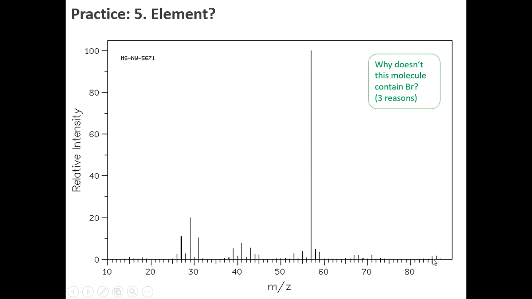Secondly, they're not 2 units apart, they're only 1 unit apart. And finally, it's a bit tricky to see, but this lower peak should be slightly taller than the isotopic peak for bromine, and it's the other way around. So this is our M+ ion, and this over here is our M minus 1 peak.